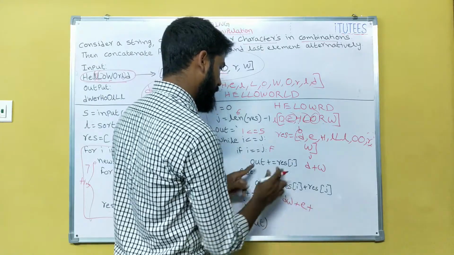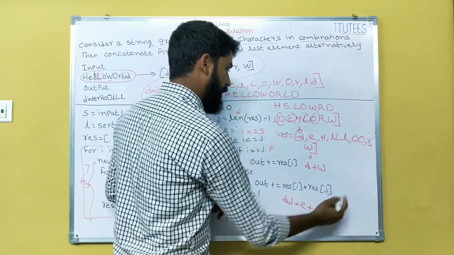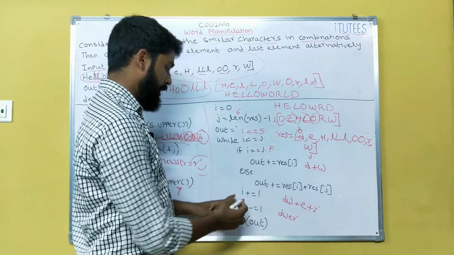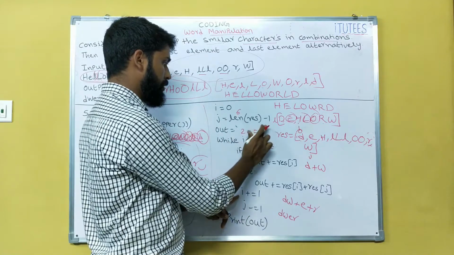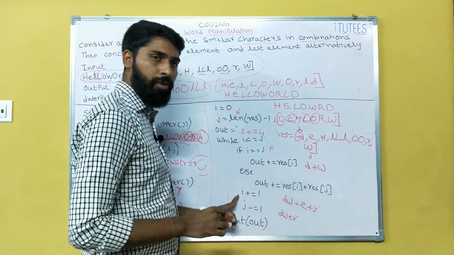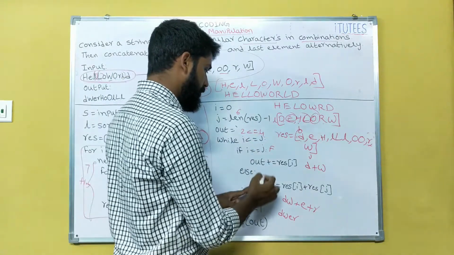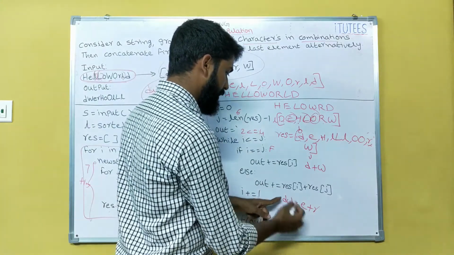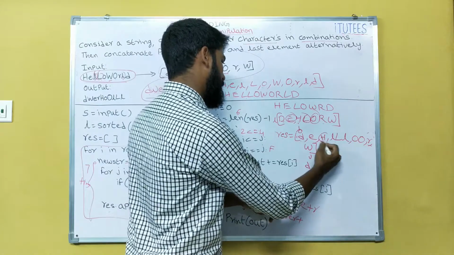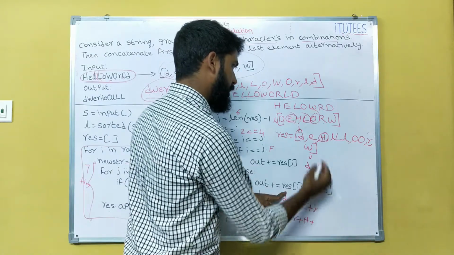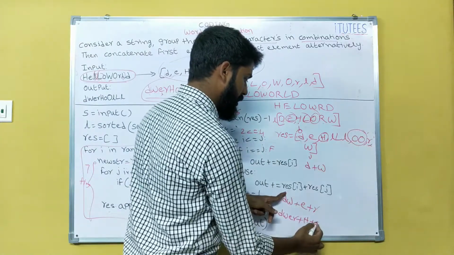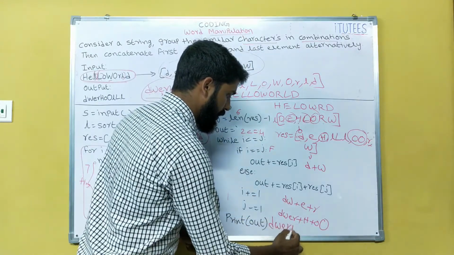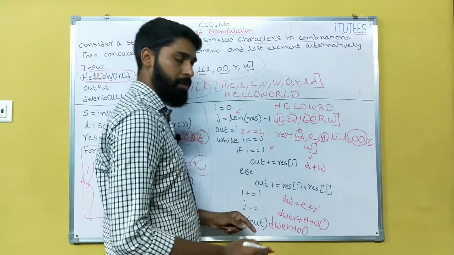E, plus what is j? R. That means DWER. i equals 2, j equals 4, not equal, false. Output equals DWER plus res of i, that means H, plus small o, capital O. That means DWER H small o, capital O.